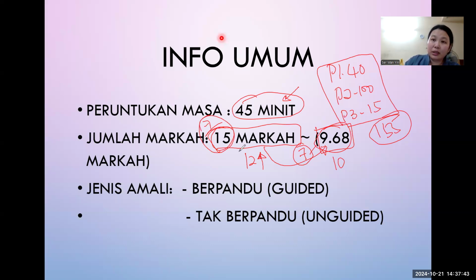But a lot of your seniors got 12 and above, maybe 13, maybe 14. I had one person get 15 out of 15. You can also, as long as you follow all the steps.